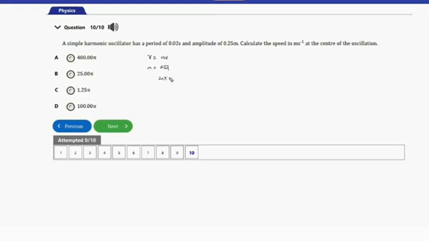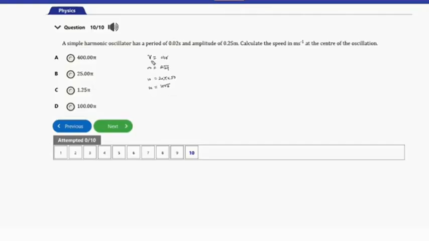Since the period is 0.02, that means the frequency is 1 over the period. That's 1 over 0.02, which is about 50 hertz. So that's 2 pi times 50 hertz. So in that case, the omega, which is the angular velocity or angular speed, is actually 100 pi.